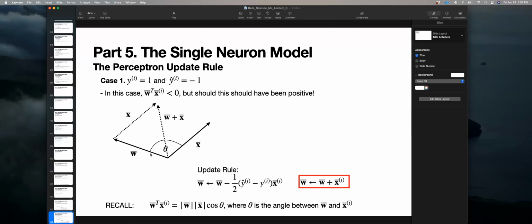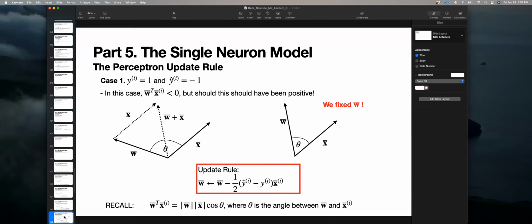So here's W, here's x. Using this tail rule for addition, if I add x to w, this is my resulting vector. That vector is what we're going to change w to become. So now, after we've applied this update rule in this specific case, look at the angle between these vectors, x and w.